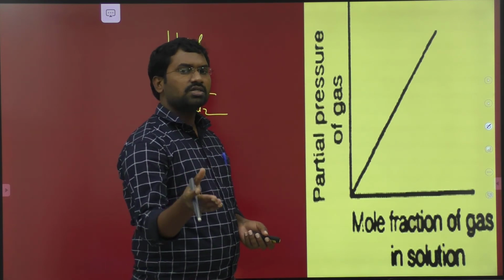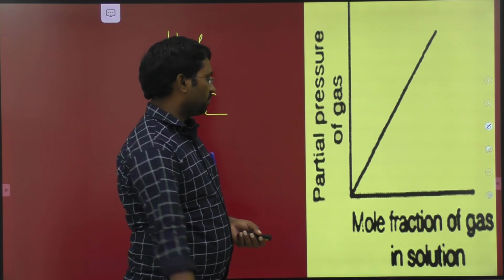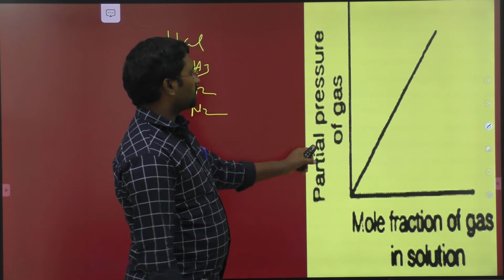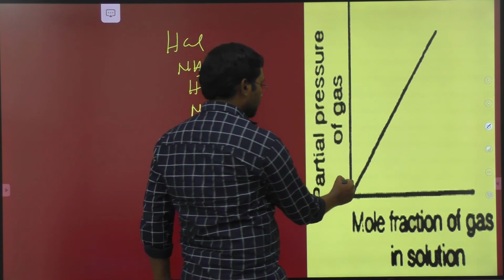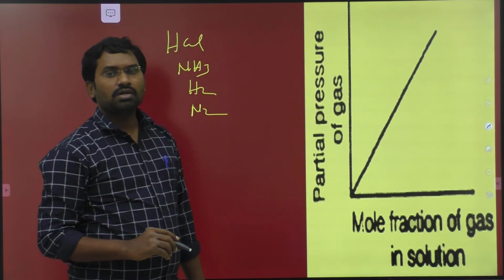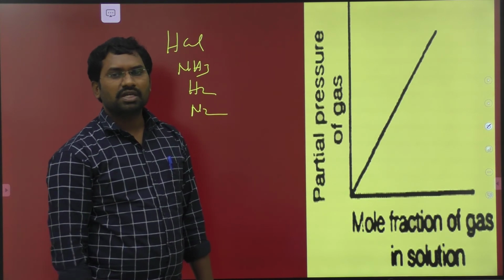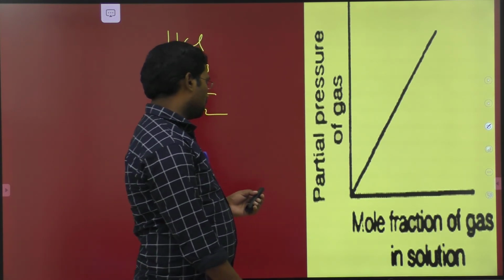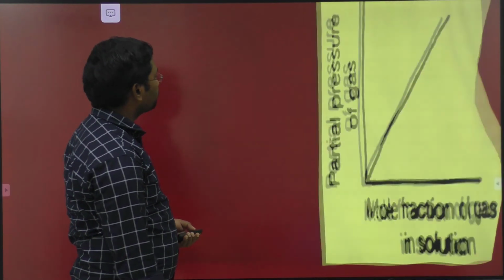For the given gas, we draw a graph between the values of mole fraction of that gas and the partial pressure of the gas, and finally we obtain a straight line which passes through the origin. So this is a representation of a gas by the values of mole fraction and partial pressure of the gas.